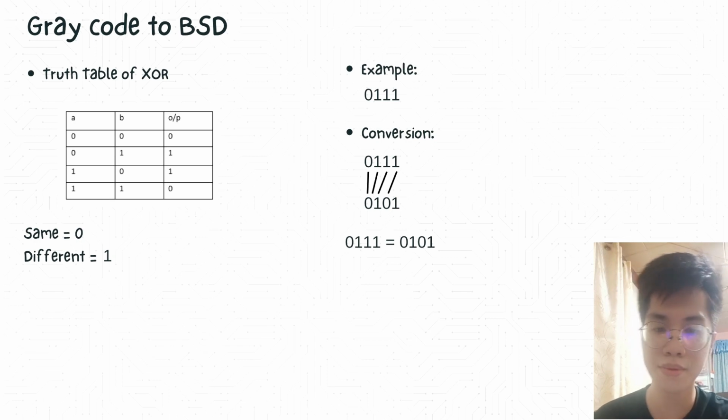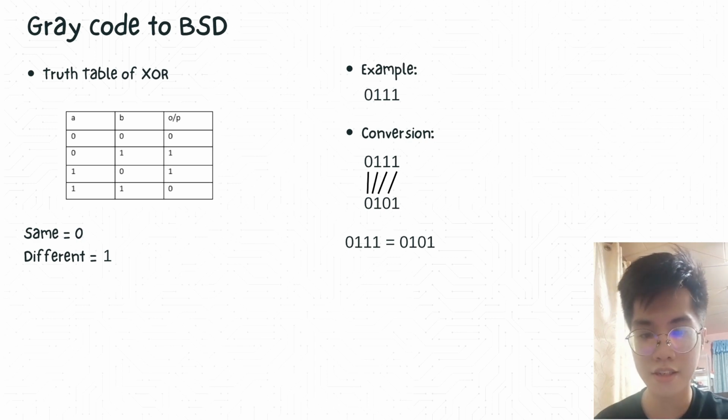So 0 compared with 1 is 1, and 1 and 0 is 1, and drop it. So there, the converted answer is 1. So the answer is 0101, which is the same as the example given before.